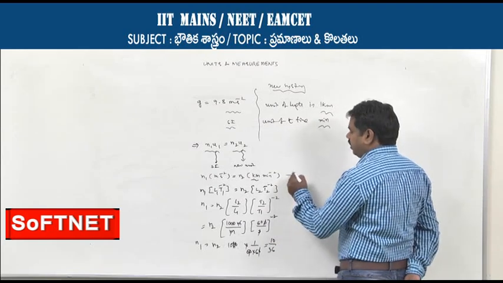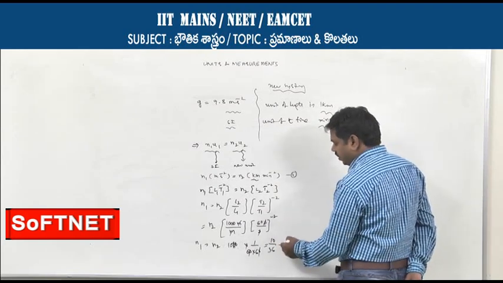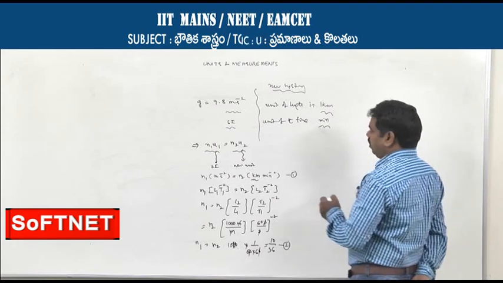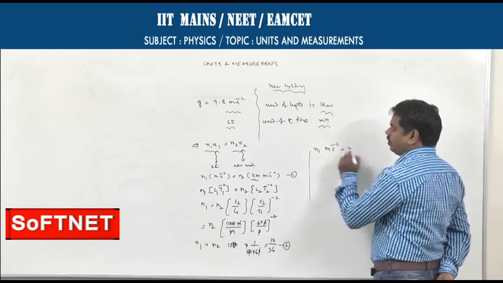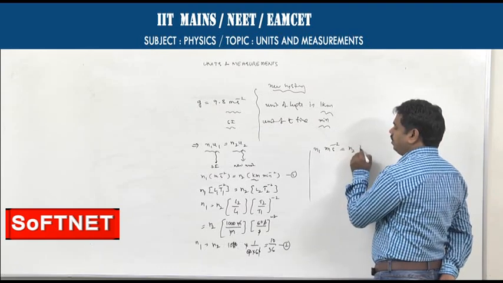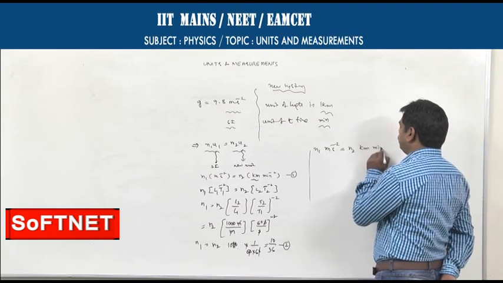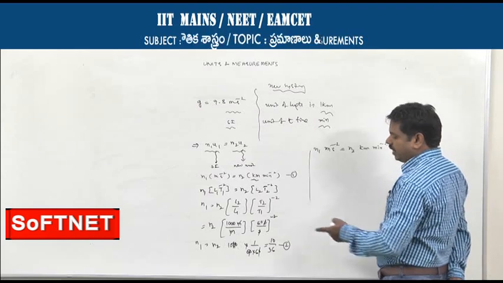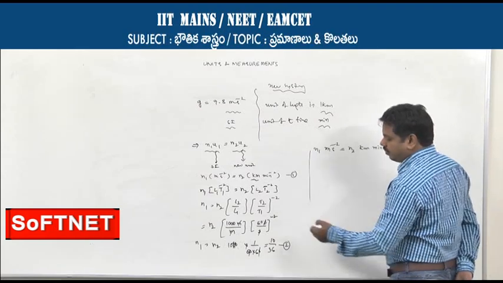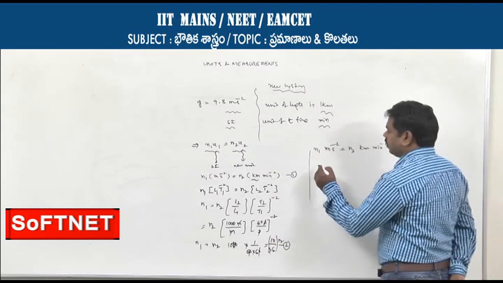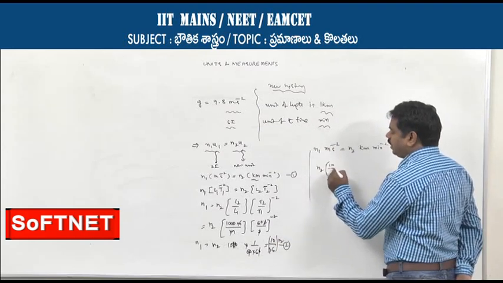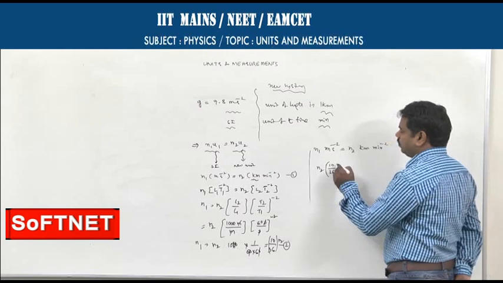Let me call this equation number 1, and this equation number 2. In equation number 1, what you wrote here: N1 meter per second square is equal to N2 kilometer per minute square. Now I can write N1 is equal to N2 into 10 by 36.